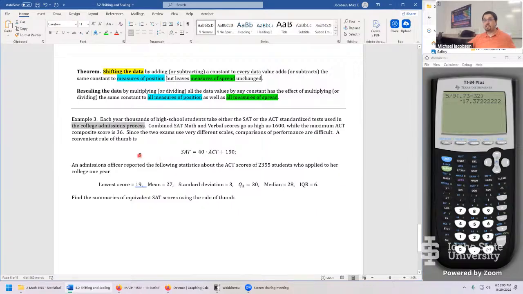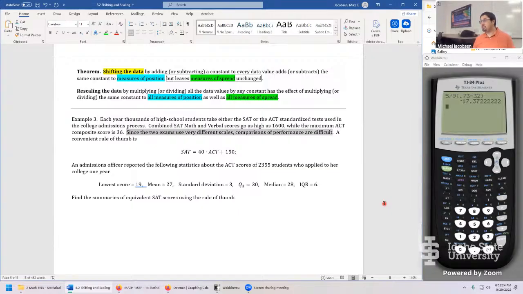And the reason they probably do is they're trying to get into a specific college and they look at that data. They tell us next, combined SAT math and verbal scores go as high as 1600, while the maximum ACT composite score is 36. And since the two exams use very different scales, that could be a problem for some colleges.